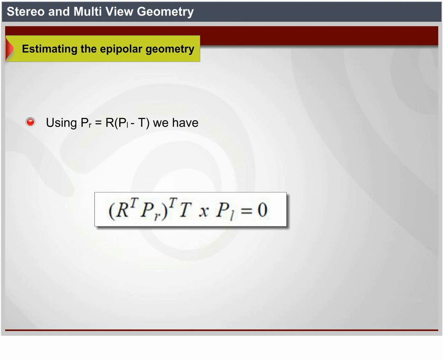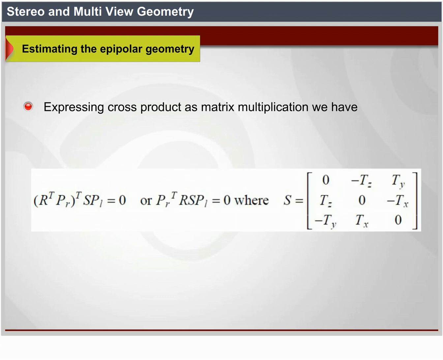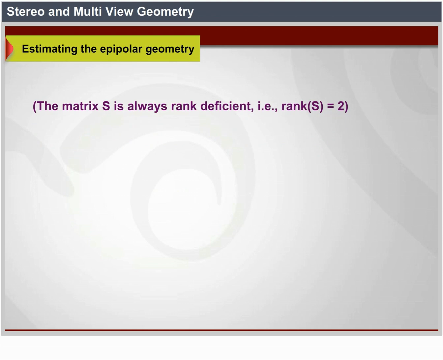Expressing the cross product as matrix multiplication, we have (R raised to the power T PR) whole raised to the power T, S PL equals 0, or PR raised to the power T, R S PL equals 0, where S equals [0, -TZ, TY; TZ, 0, -TX; -TY, TX, 0]. The matrix S is always rank deficient, that is, rank S is 2.